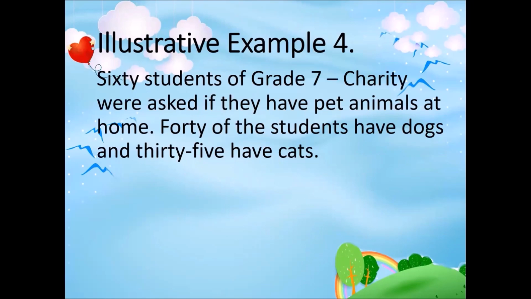Example number 4. 60 students of grade 7 were asked if they have pet animals at home. 40 of the students have dogs and 35 have cats. So itong 40 students ay mayroon din na cats, at doon din sa 35, mayroon din na may dogs at hindi lamang cats.